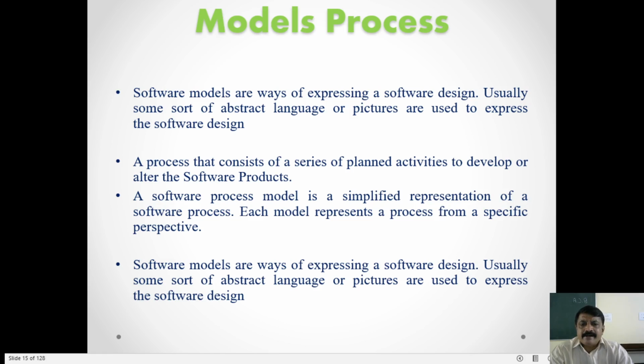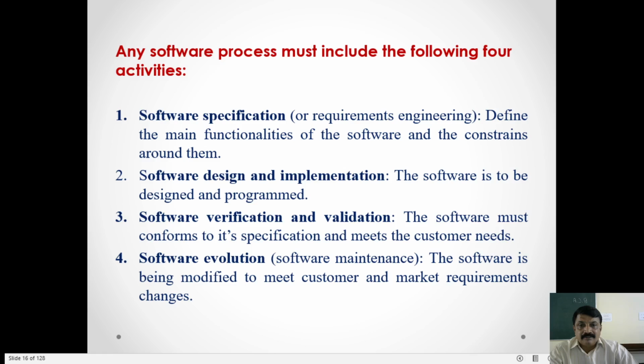It is having a series of planned activities to develop or alter the software product. Simply we can say, representation of a software process. Now let us say any software process must include the following four activities: software specification, requirements engineering.